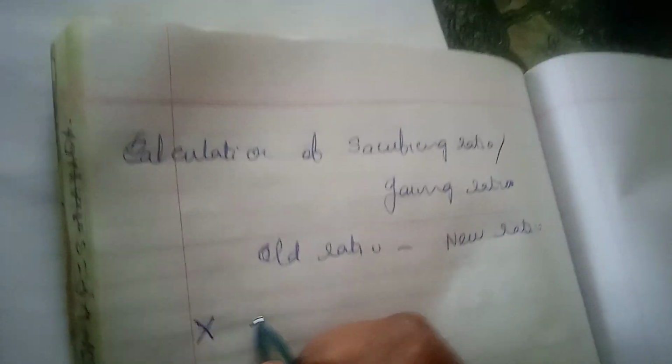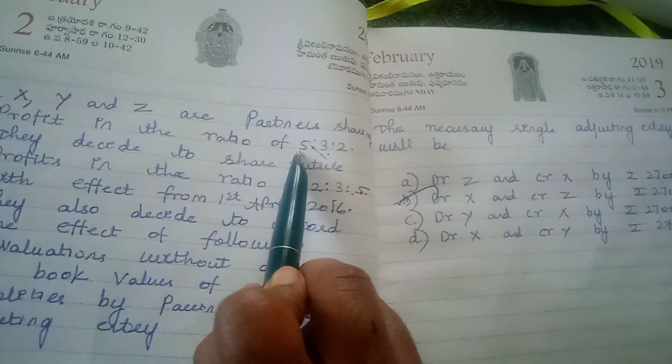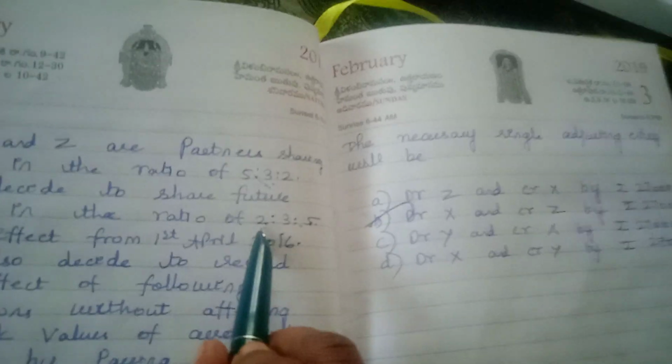For X, the old ratio is 5/10 and the new ratio is 2/10. So 5/10 minus 2/10 is equal to 3/10.